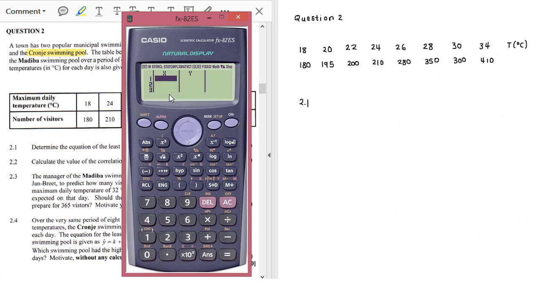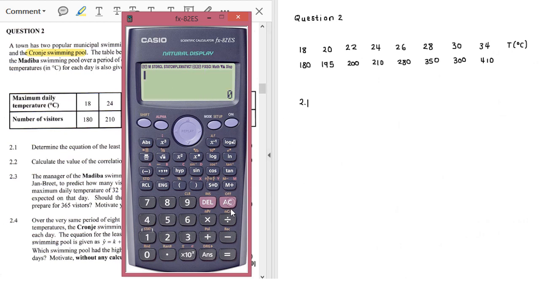We're going to see these two columns. We use the X column for our temperatures and insert all of that, then scroll back up and use the Y column to record the number of people that visited the swimming pool. There we go, all done.